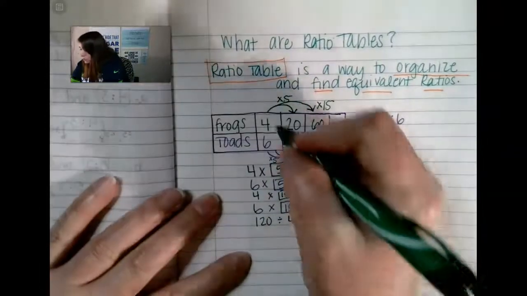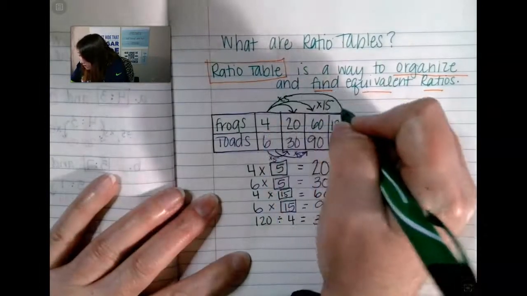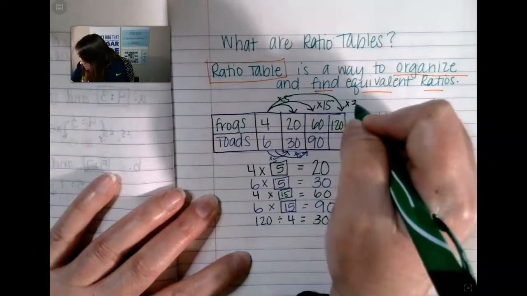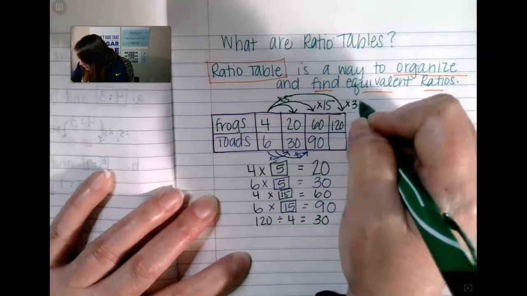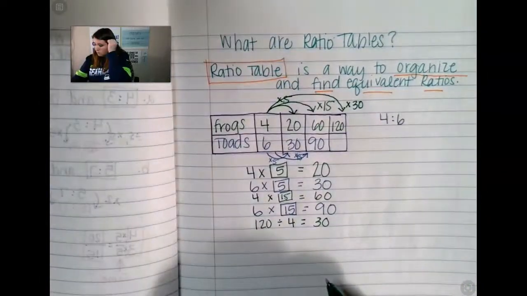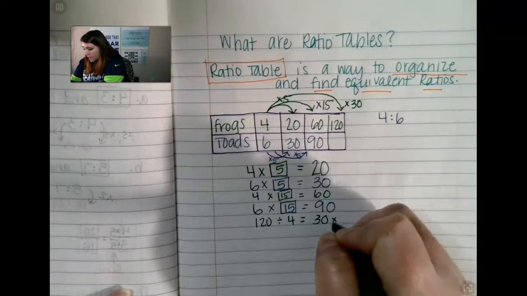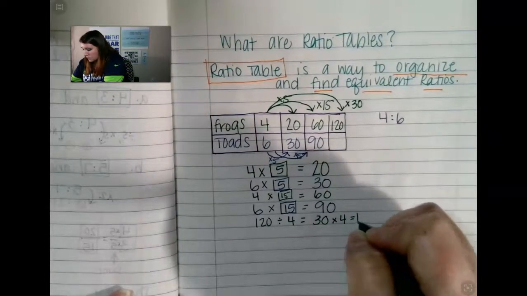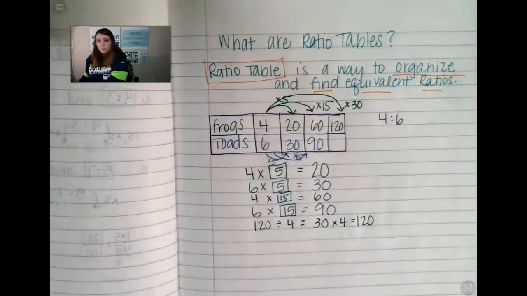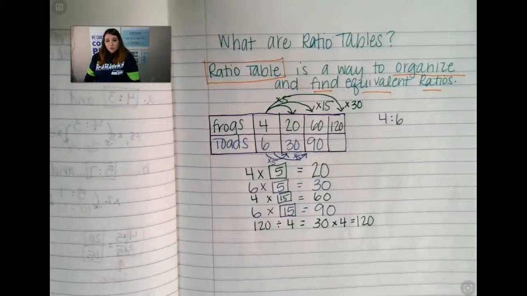So my multiplier from 4 to 120, I had to multiply by 30. And 30 times 4 gives me 120. So I get 120 frogs.